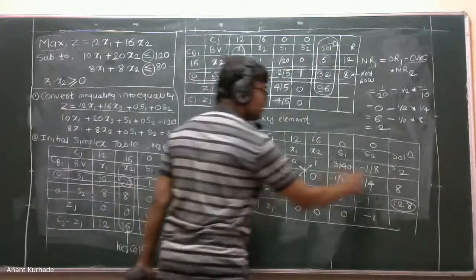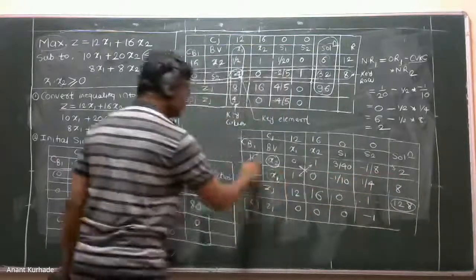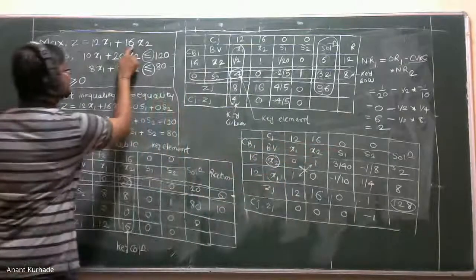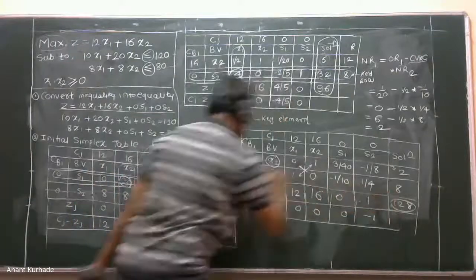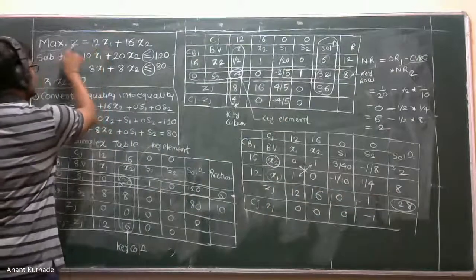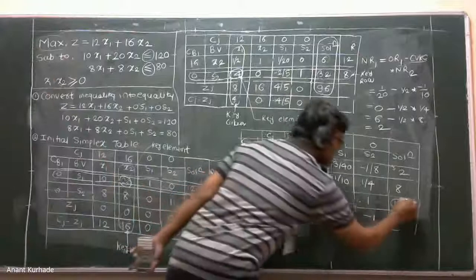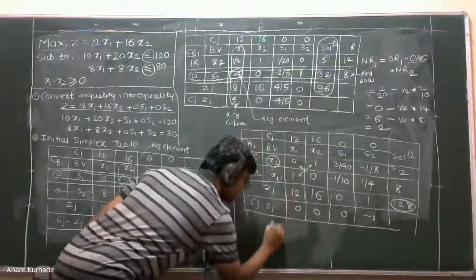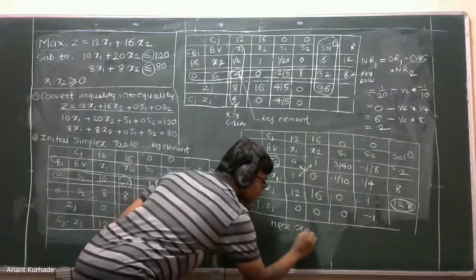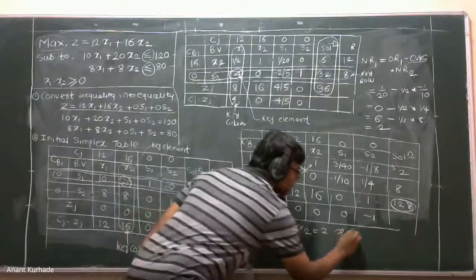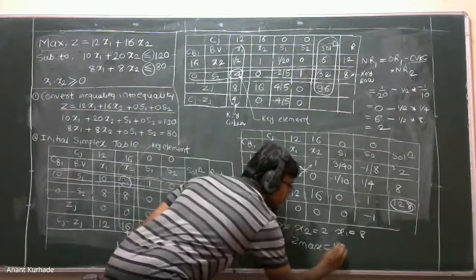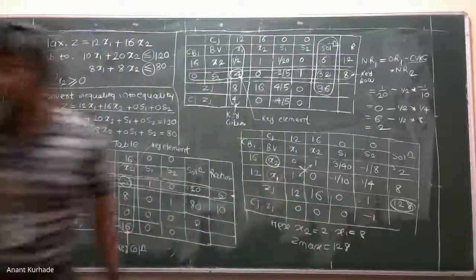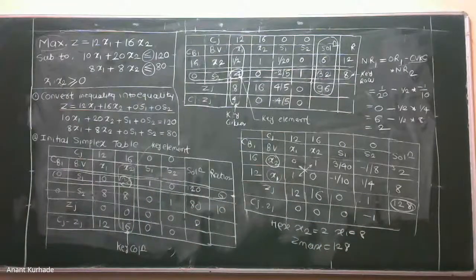If x2 is equal to 2, then we can put 16 into 2 plus 8 into 12. So Z means this is your final answer. Here you can write x2 is equal to 2, x1 is equal to 8, and Z is equal to 128. It should be your final answer.